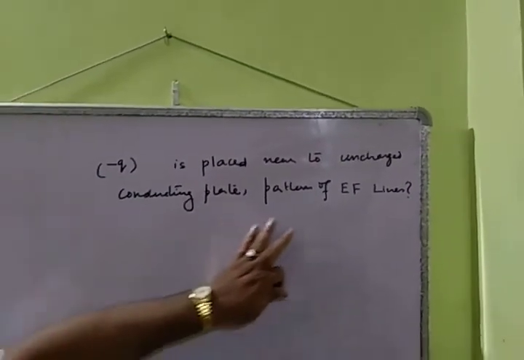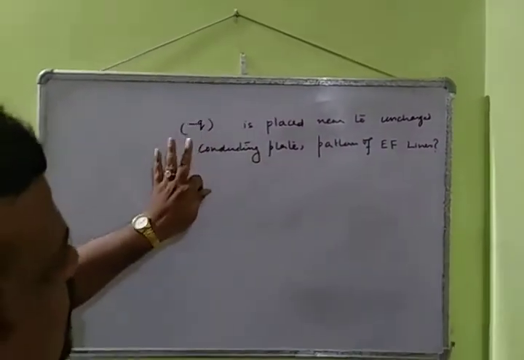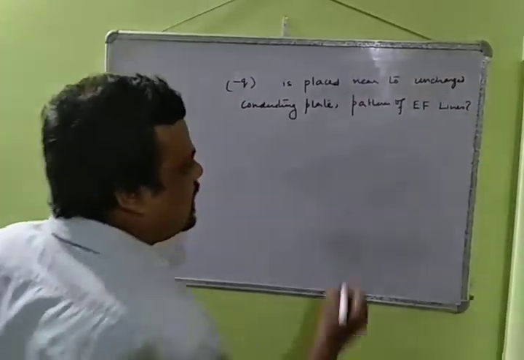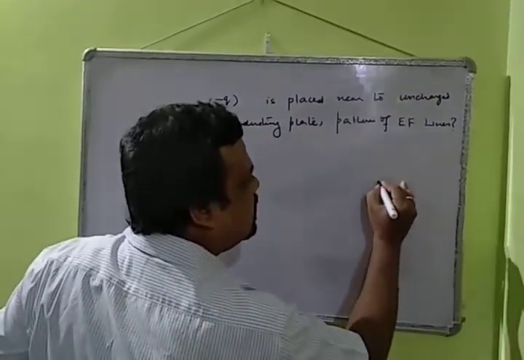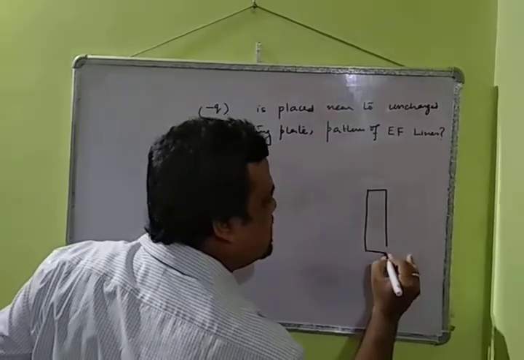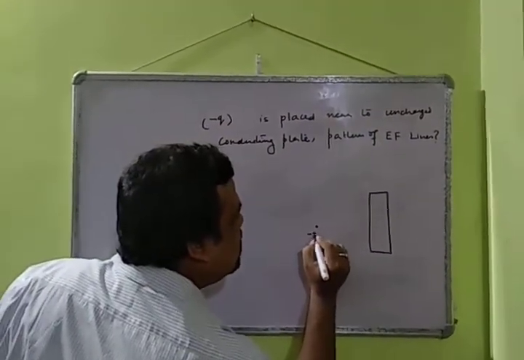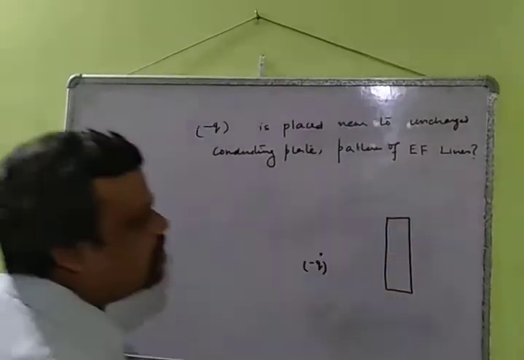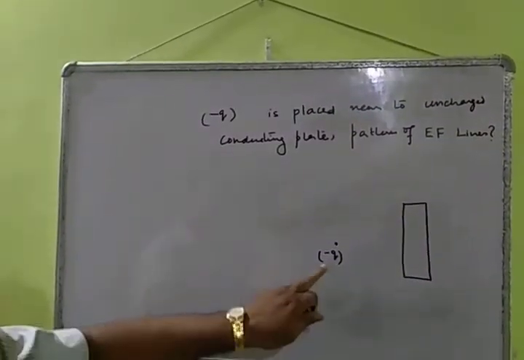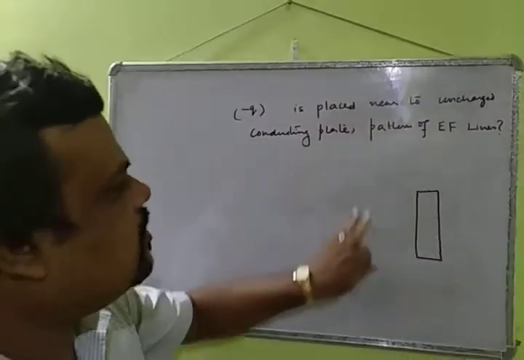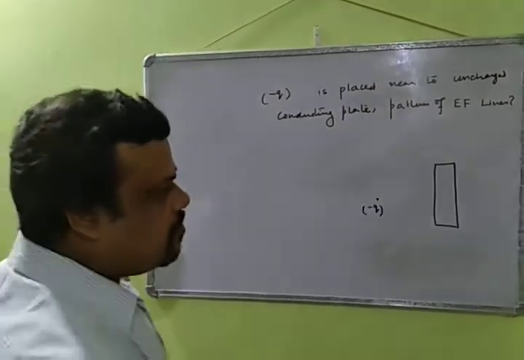The question seems to be very simple. What the board is asking is, uncharged means net charge 0 on the plate, and there is a minus q, that is negatively charged. If we place it, what will be the pattern of electric field lines?